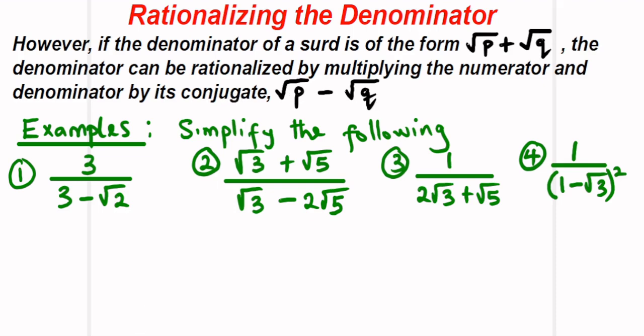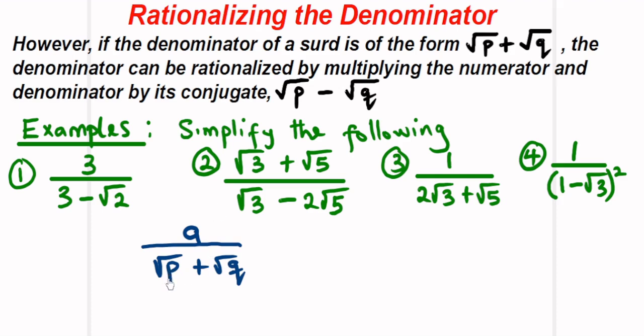It's just like saying, let's say we have a over root p plus root q. If the denominator is in this form, root p plus root q, the denominator can be rationalized, that means it can become a rational number, by multiplying the numerator and the denominator by its conjugate.